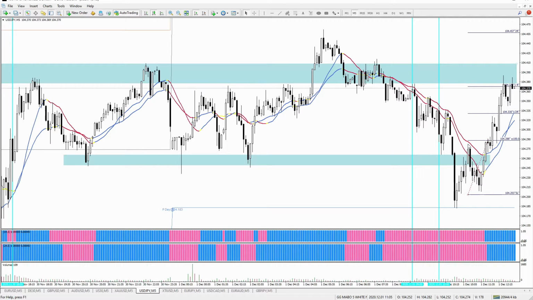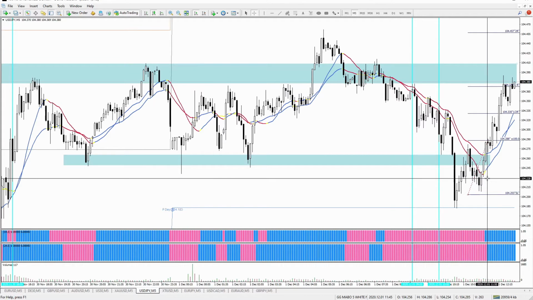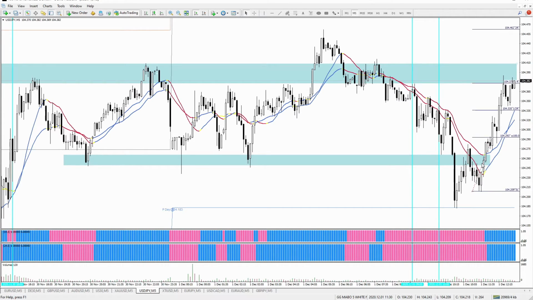And if they break this high here, or this double line, or this moving average, or this area here, I'm quite happy to go long. And with me, there's this, which is the signal to go long. So this would have been another very good trade, and lo and behold, it stopped at this area here.